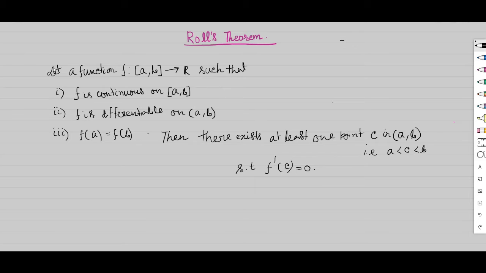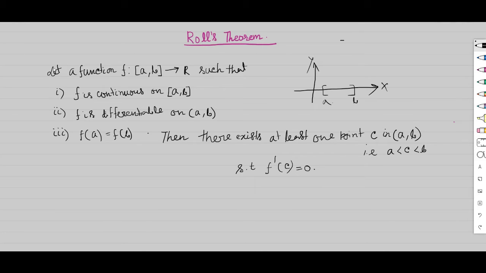So suppose this is our x-axis, this is our y-axis. Now this is our closed interval [a, b].